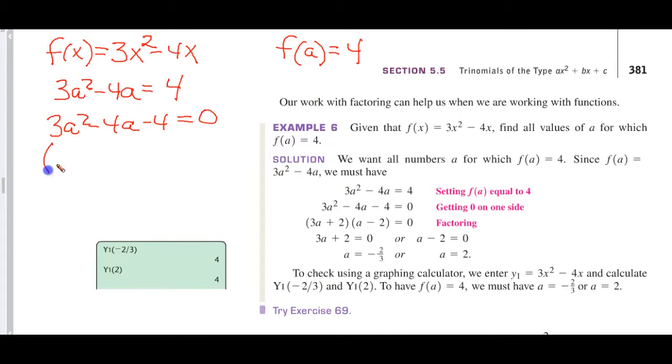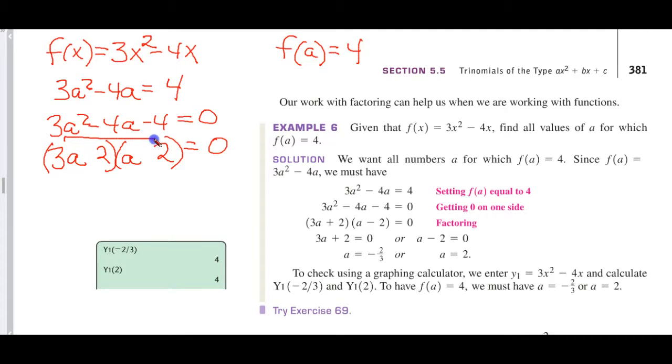We now will factor this. There are no common factors in that. This has to be a 3a. This is going to be an a here. Now we know it's not going to be a 4 times 1. It'll probably be a 2 and a 2 there. And you might say, how do I know? Because that would have made a 12 and no way to get a 4 out of there.